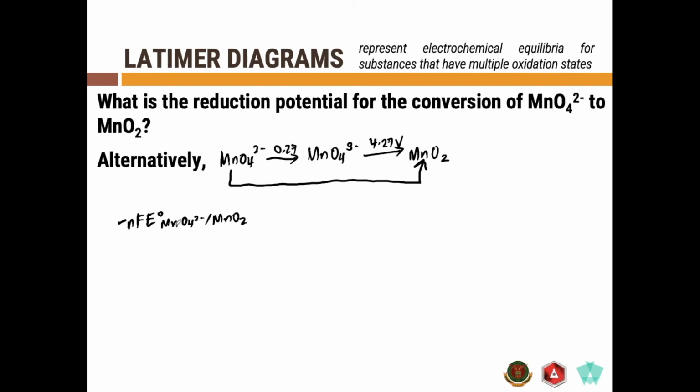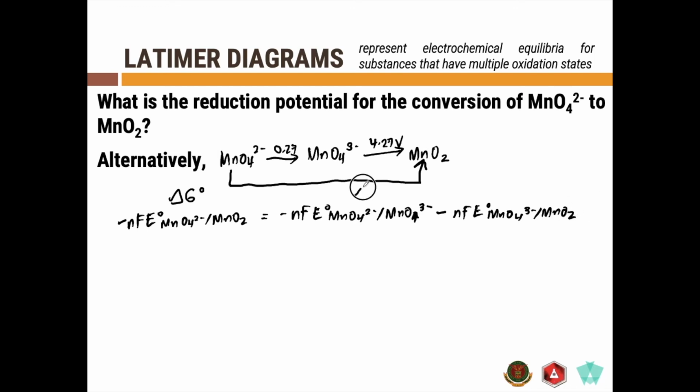This is just your delta G value, equal to negative nFE cell for your MnO4 2 minus to MnO4 3 minus conversion, minus nFE cell for your MnO4 3 minus to MnO2 conversion.